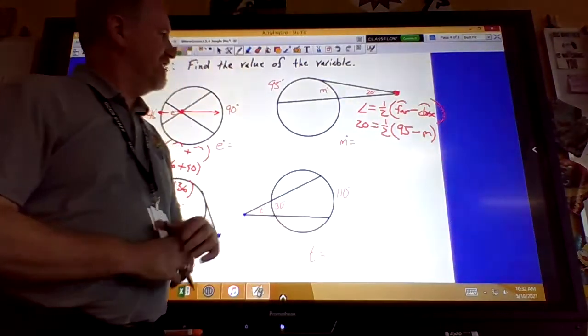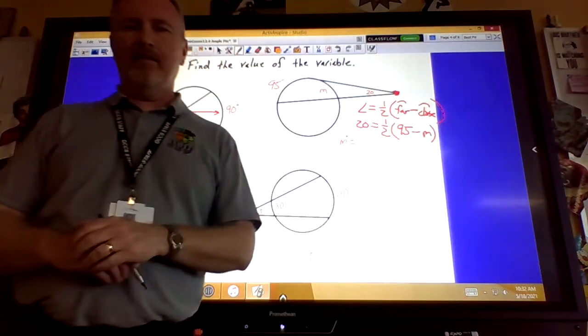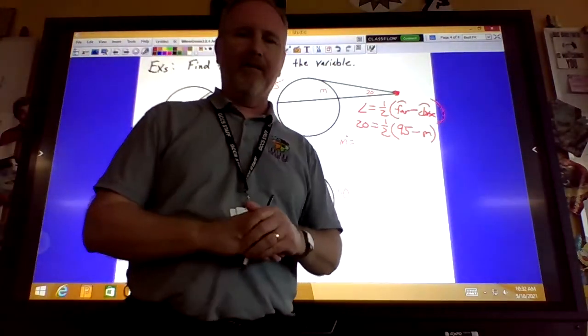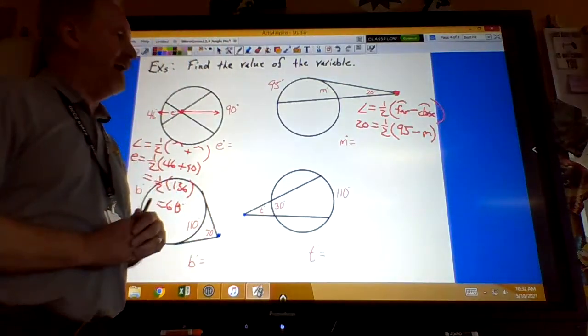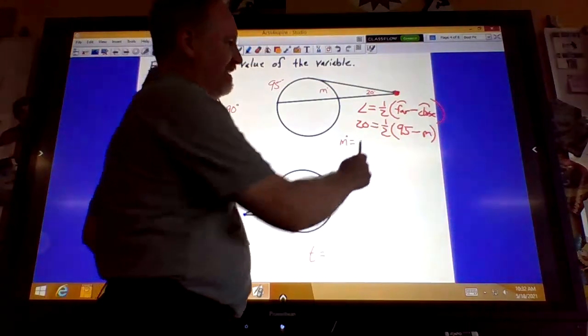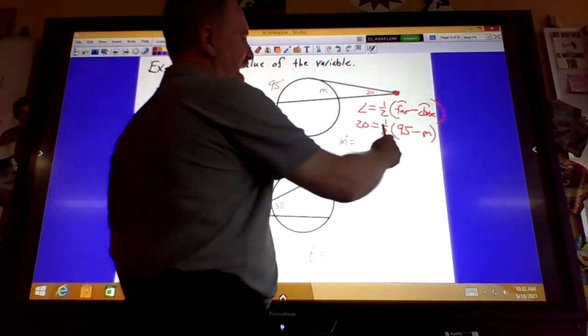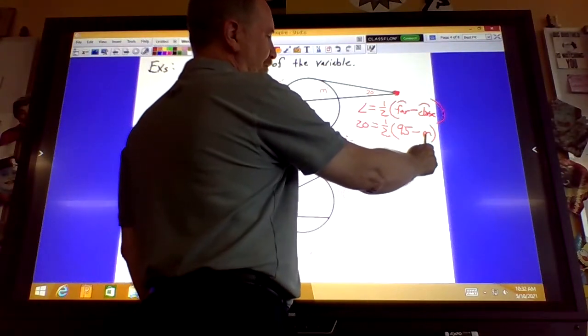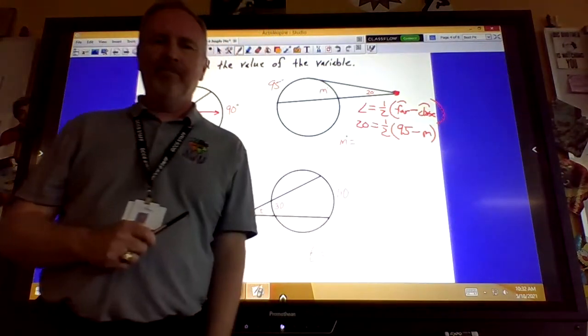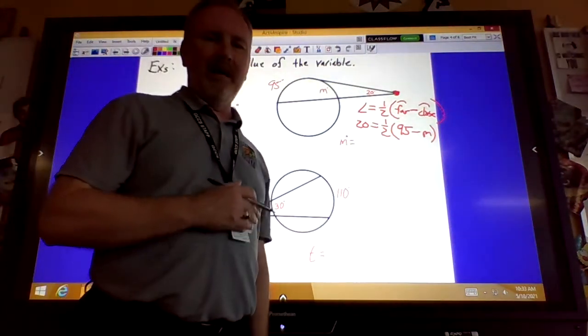Your Algebra 1 teacher probably had you distribute that half into the parentheses, and that's perfectly fine. If you feel comfortable with that, do that. I don't like that style on this one because it's going to get messy. Cutting 95 in half, that's going to be a decimal right off the bat. And then you're going to have a half of a negative M. So to me, if there's a shortcut, I'm going to take it.